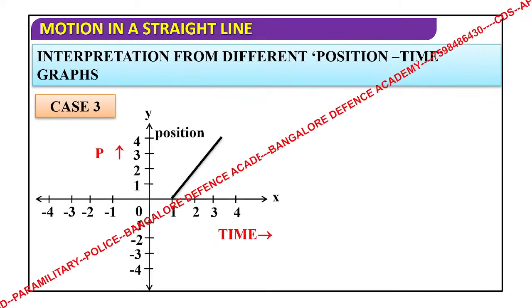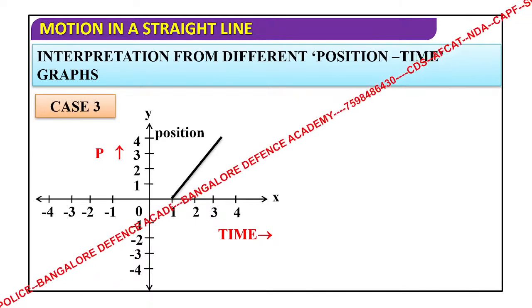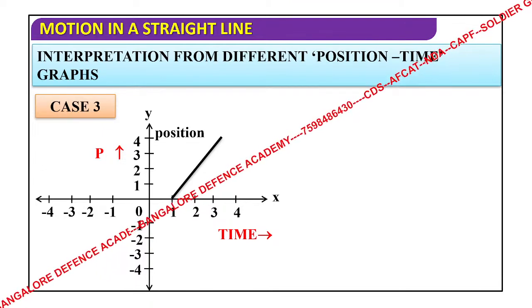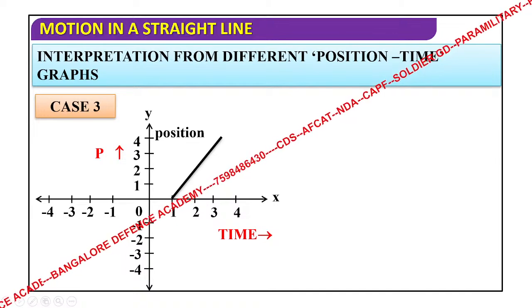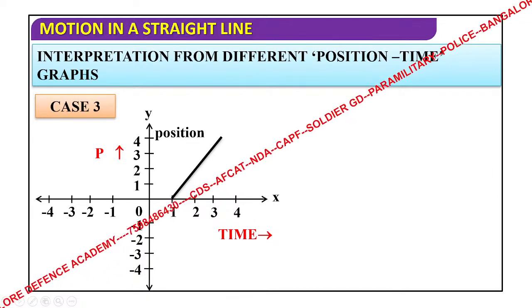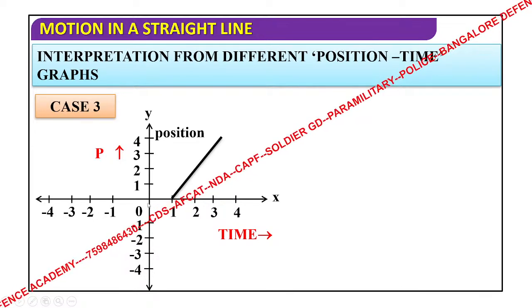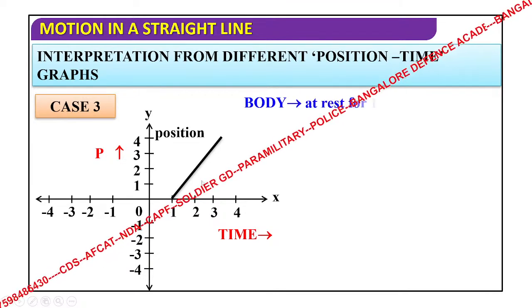Let us try to understand. Imagine this graph here, case number 3, position-time graph. So here the black line which you can see on the screen is starting from the number 1 on the x-axis. That means for the first 1 hour there is no movement. Okay, so now look at this.